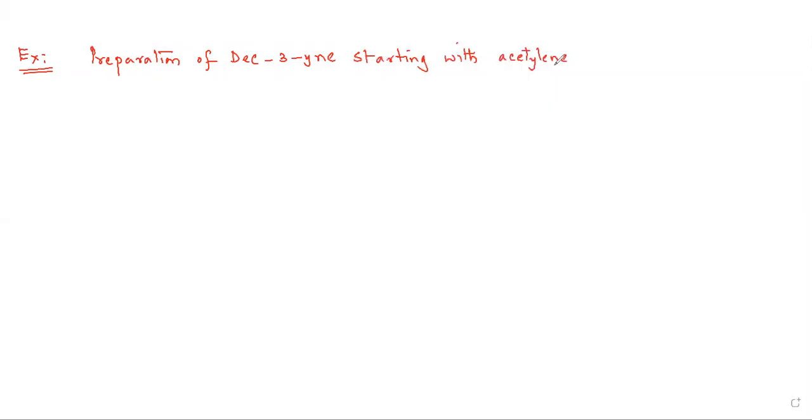Very interesting. Now, first of all, what is this dec-3-yne? Triple bond after the third carbon, 4 plus 5, 9, then 1 CH. So, the triple bond is after the third carbon.